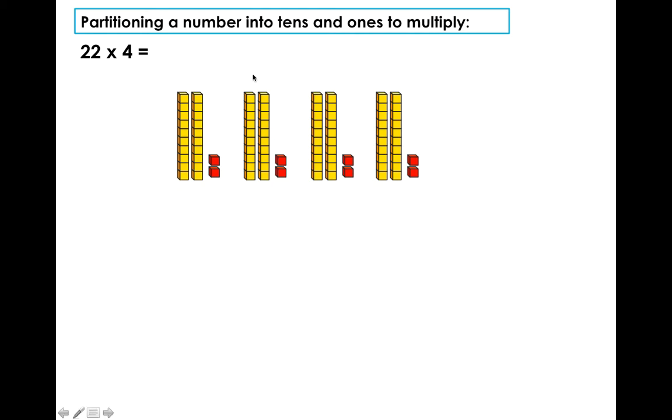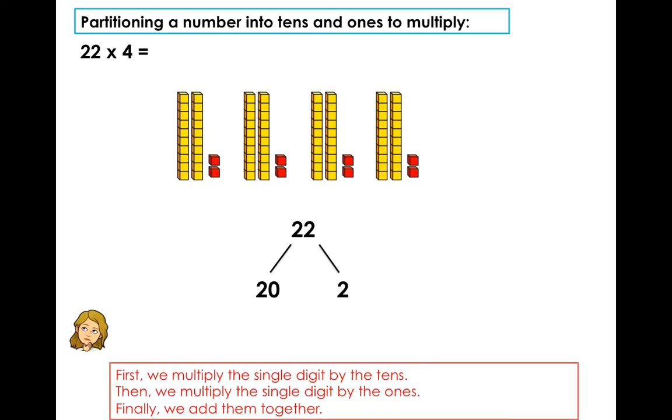Now, next example, we've got 22 times 4. So we've got 4 groups of 22. Okay, so I'm going to partition 22. What would that look like? Pause the video and have a think. Brilliant. So you should have partitioned that into 20 and 2. Then we've got to multiply the single digit in the question, which is 4, by the tens. So that would be 4 times 20.